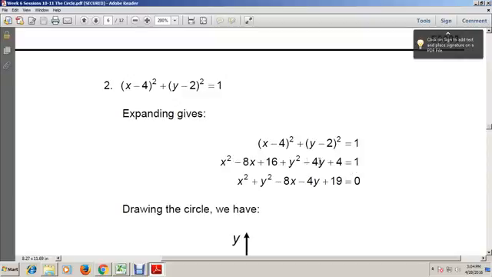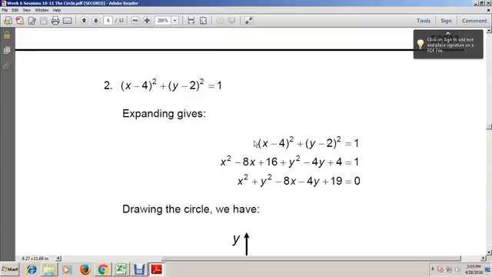Rearranging the terms and combining like terms, we arrive at x squared plus y squared minus 8x minus 4y, then plus 16 plus 4, which gives you 20. Transposing 1 to the other side gives us negative 1, so 20 minus 1 gives us 19, then equals 0. So this is the general form of the equation of the circle for example number 2. This is the general form, this is the standard form.